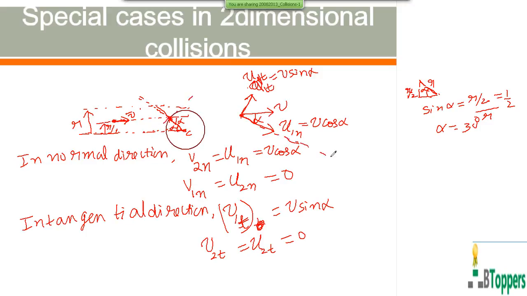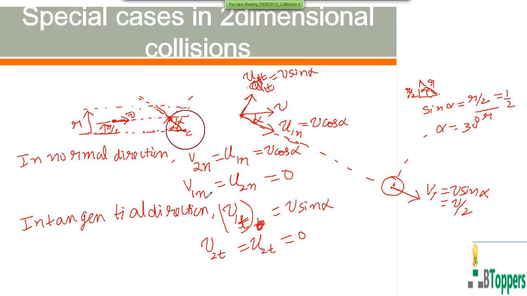So after the collision, the sphere moves in this direction with velocity of magnitude v sin alpha. Sin alpha is equal to 1 by 2, so it will be v by 2. And the particle moves in this direction.